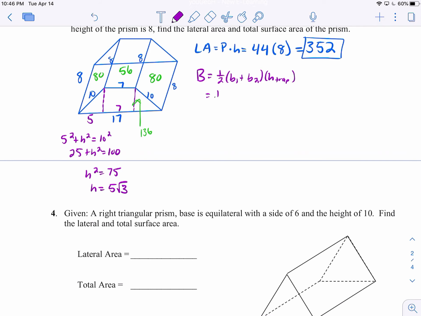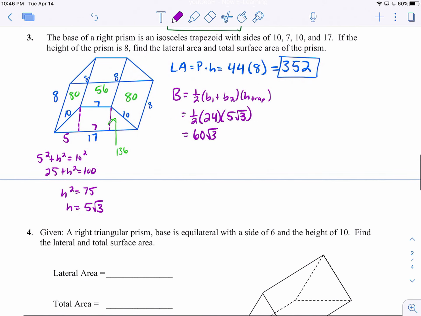So going back here, base 1 plus base 2 is 7 plus 17, which is 24. So half of 24 times 5 root 3. Half of 24 is 12, and then 12 times 5 is 60. So that would make the area of one base 60 root 3.